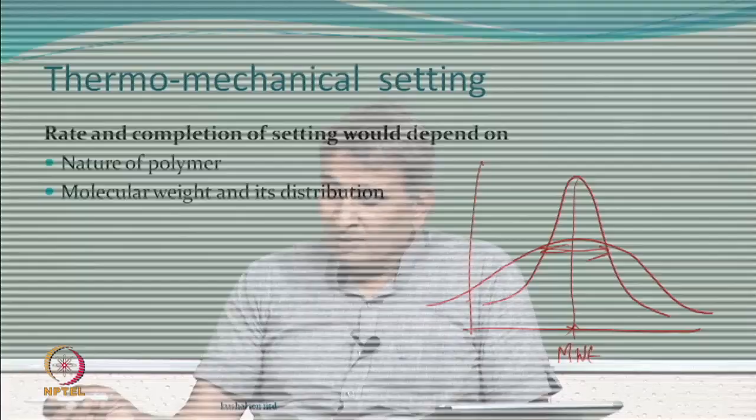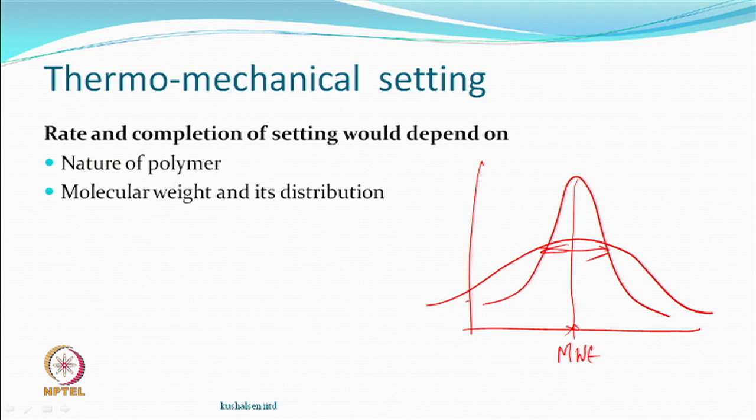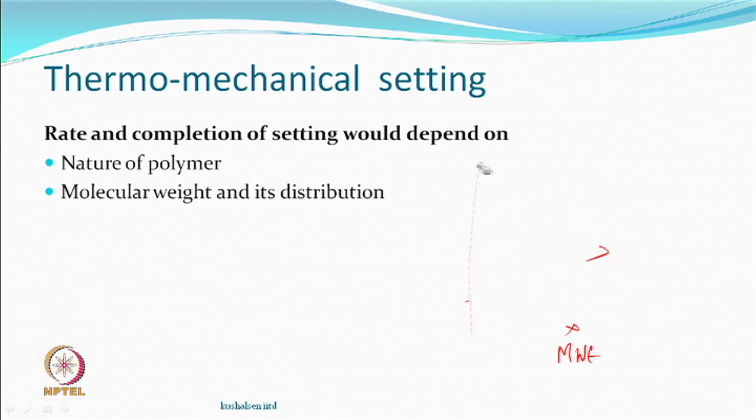It is also possible that the smaller molecules can change their position much more easily compared to the larger ones. Therefore, the rate and completion of setting would also depend on this property, which you may measure, you may not measure, you may know about it, you may not know about it while you are texturing.